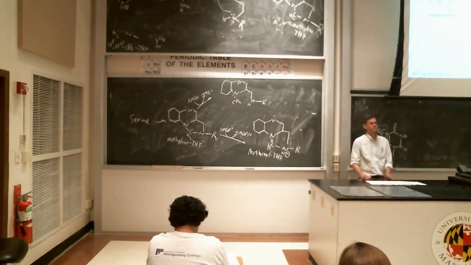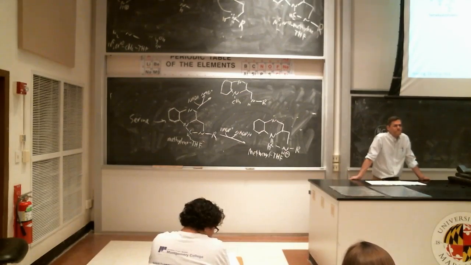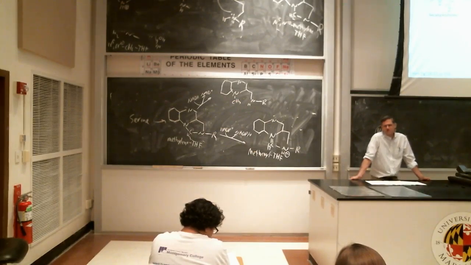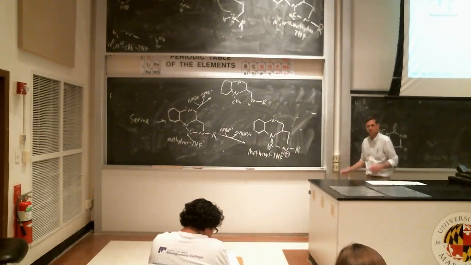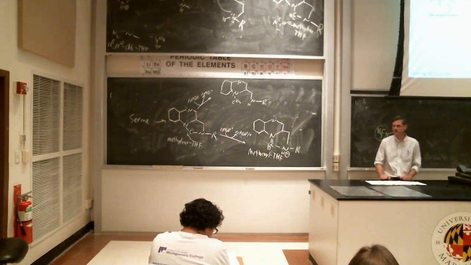Any questions? Yes. Is there any particular reason why they're using the reducing agent and the oxidizing agent like they're using? Yeah, that's a good question. I don't know. This is what's shown in the book, and I hope it's right.